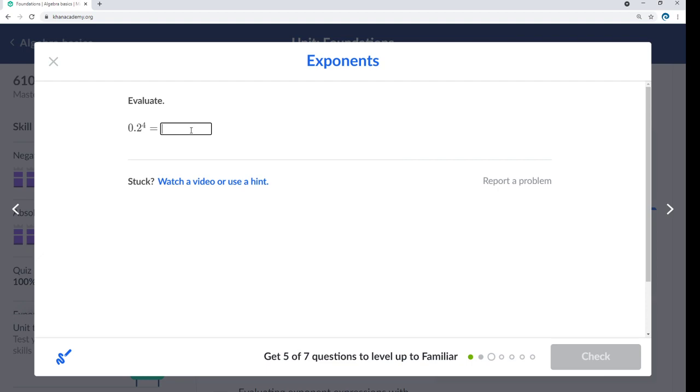Oh, crap. So now we're getting into decimals here. So 0.2, I don't think it really changes too much. 0.2 times 0.2 is, what is 0.2 times 0.2? 0.4, I guess.